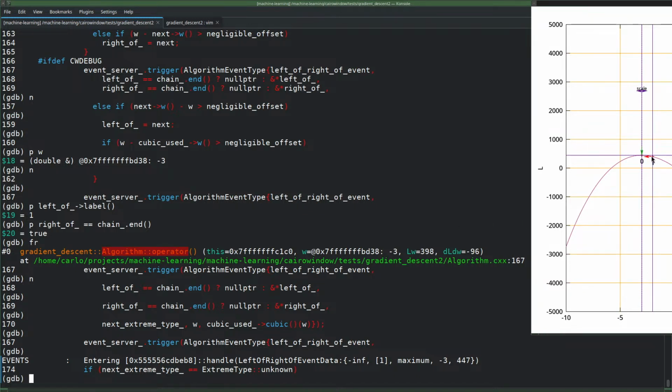See that 1 is still left off and there is no right off. And this is W, where we're going to jump to now. And that's in search for a maximum.